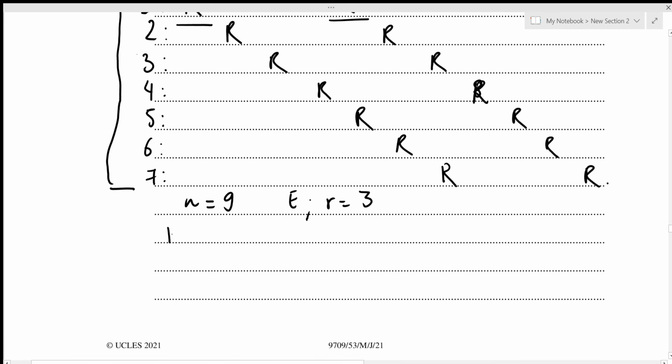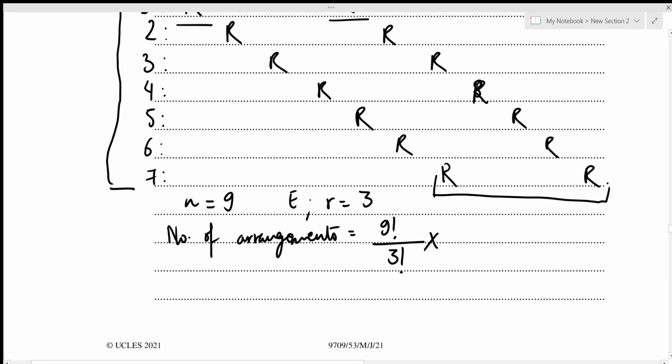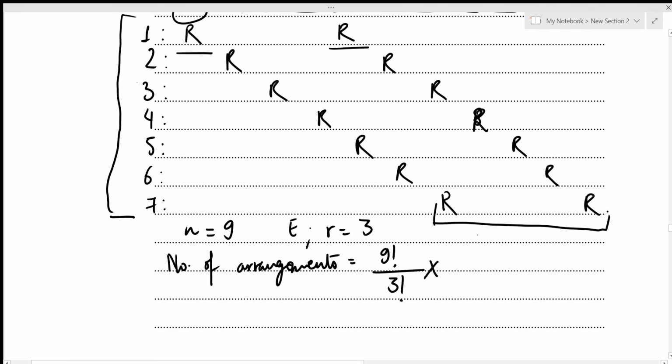So the required number of arrangements now is just going to be total number factorial divided by repeated number factorial, but this only considers the 9 letters. In order to consider the 2 R's, we need to multiply it with the number of possibilities. So that's times 7, which gives us the total number of arrangements of 423,360.